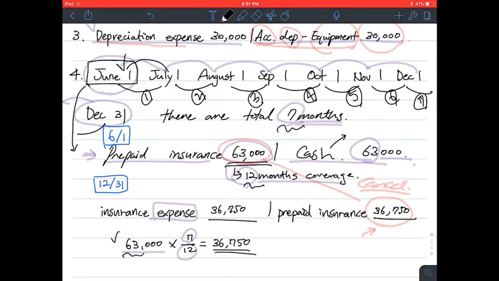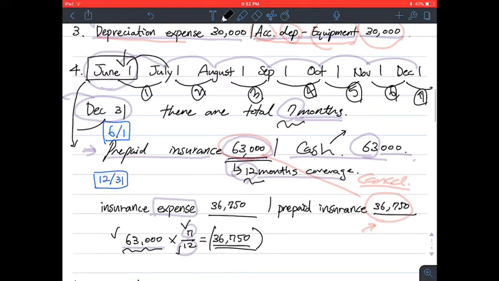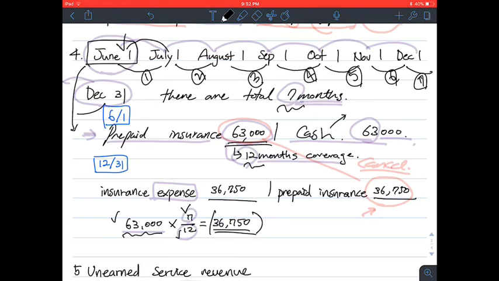So $63,000 for 12 months coverage, and we have used 7 months out of 12 months, so that will give us $36,750. So insurance expense $36,750 on the debit side, and we have to cancel some of our asset by crediting prepaid insurance by the same amount. And by doing this, prepaid insurance in our hand will be reduced.